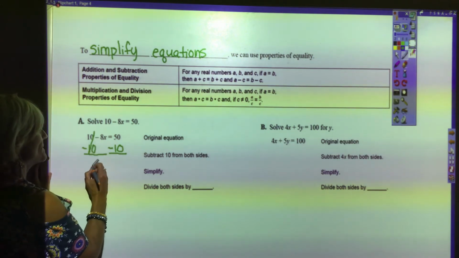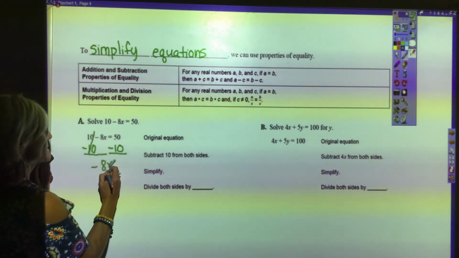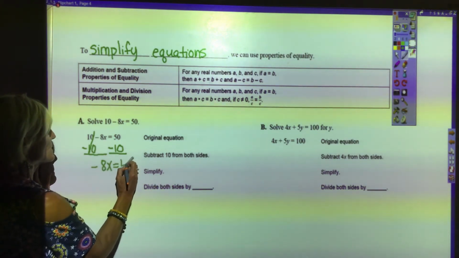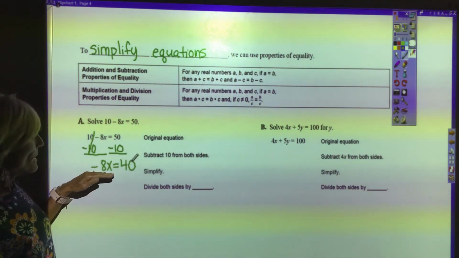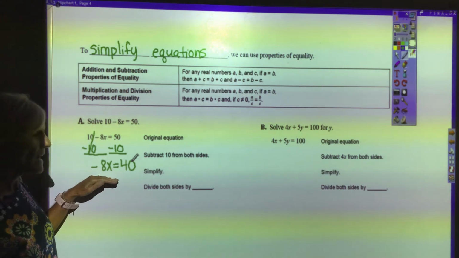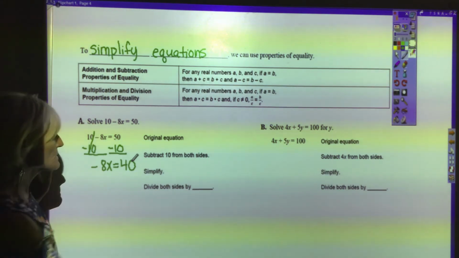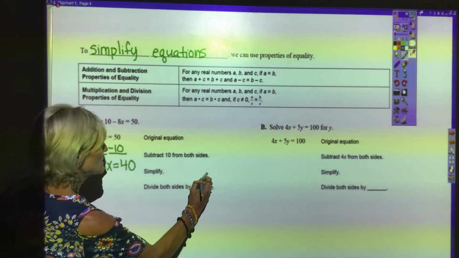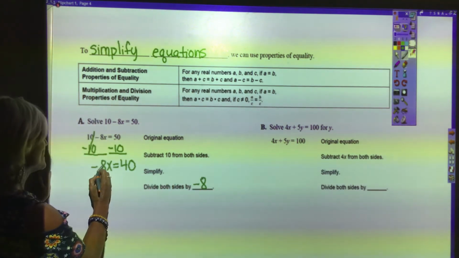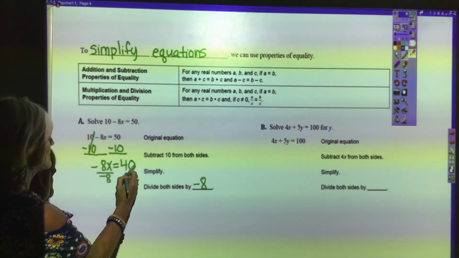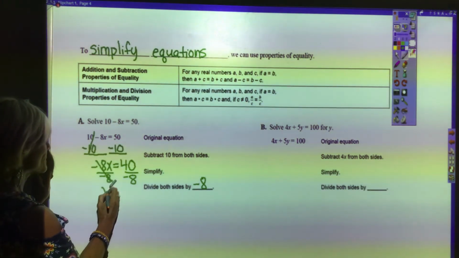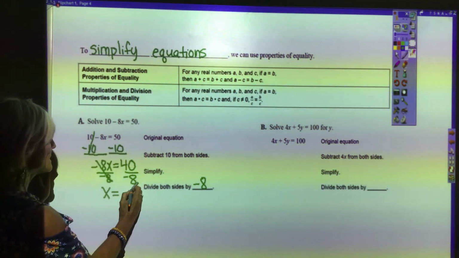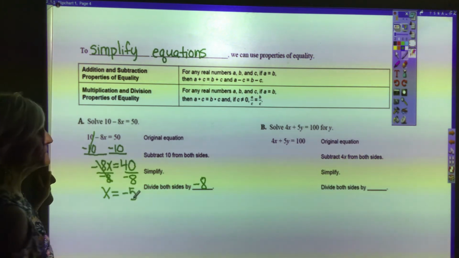And I'll be left with negative 8x equals 40. So to undo a multiplication problem, we divide. We're going to divide both sides by negative 8. X will equal negative 5.